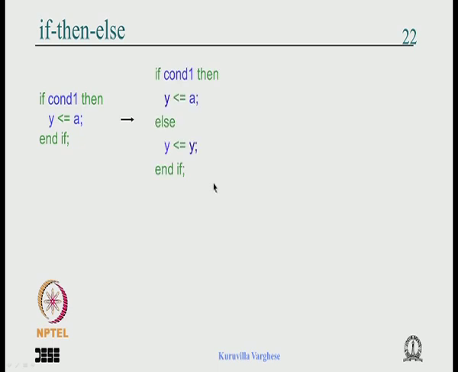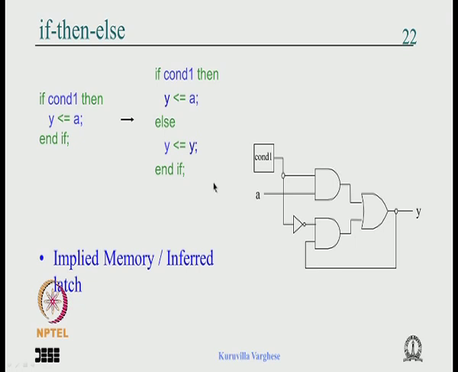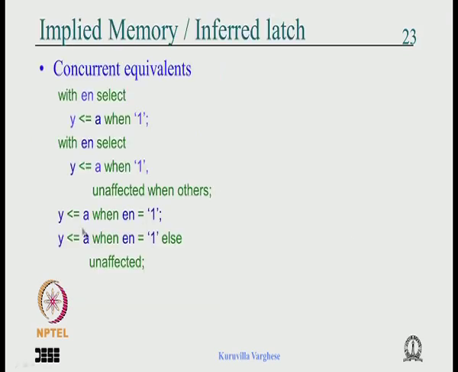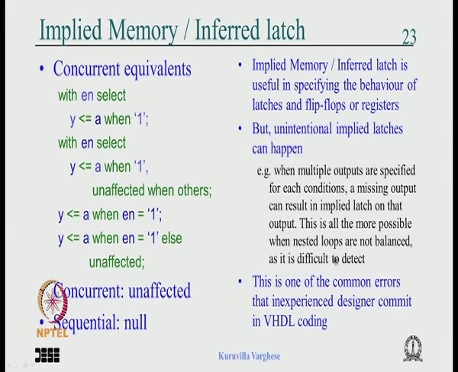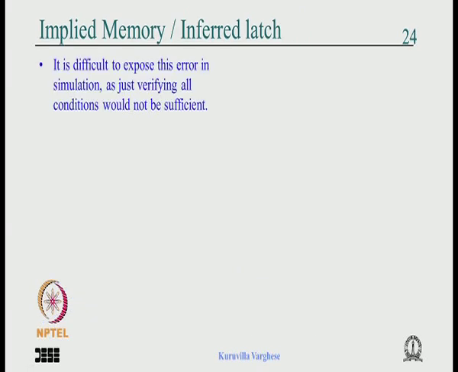When you don't specify the else you get an implied latch, which is a latch that is useful, and you can use a concurrent statement to get the same effect. It's useful in specifying memory in the case of flip flops and latches, but in the combinational case when you have multiple outputs, with the nested if, unintentional latches can happen.